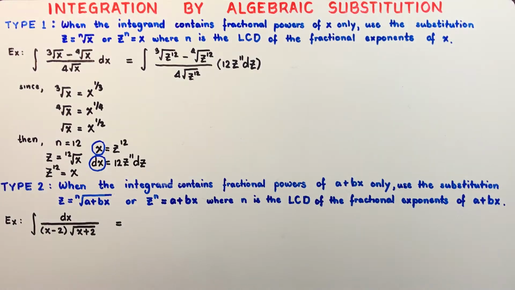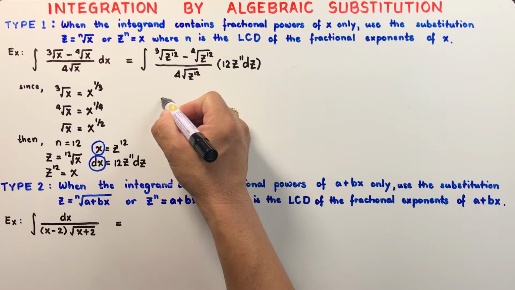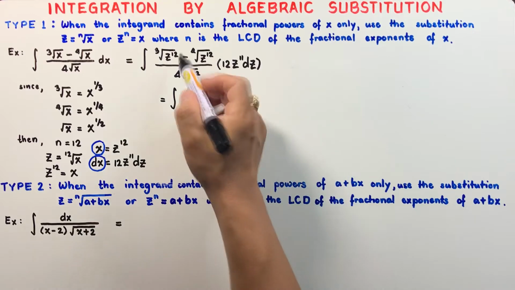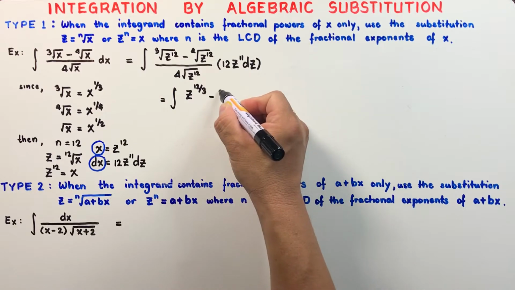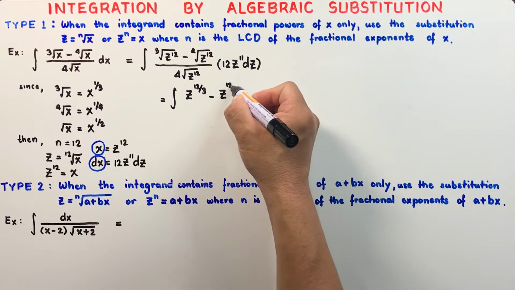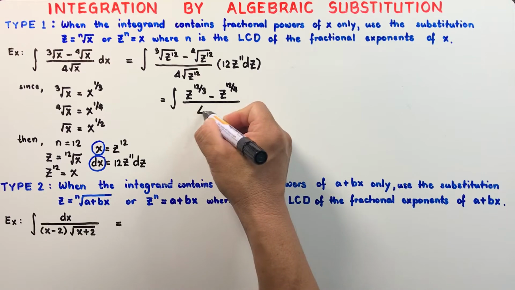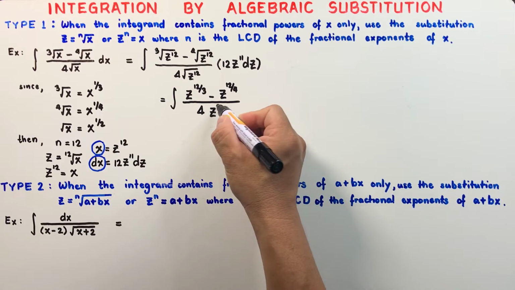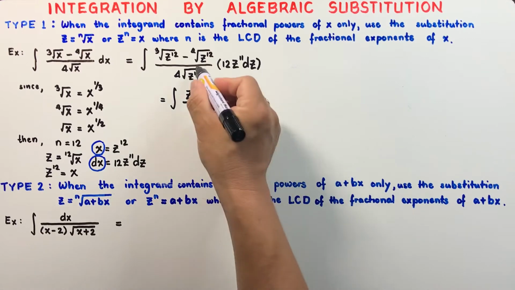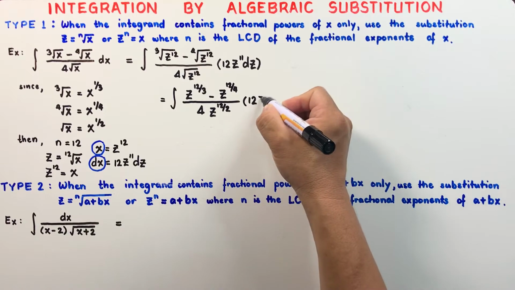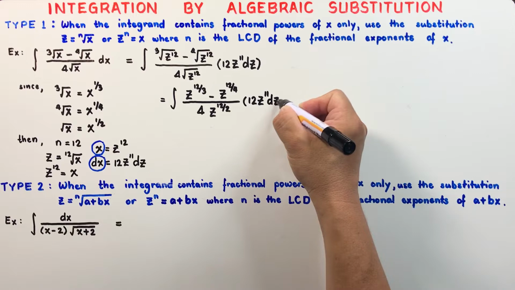Simplifying this integrand by converting the radical form to its equivalent exponential form, we have the integral of z to the power of 12 over 3 for this term, subtracted by z to the power of 12 over 4 for this term, divided by 4 times z to the power of 12 over 2 for the denominator, but we still have the factor of 12 times z to the power 11 dz.